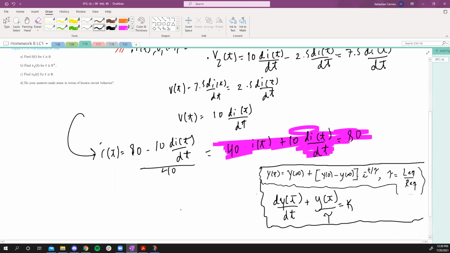These two look similar. So what we're going to do is, actually, what am I doing?